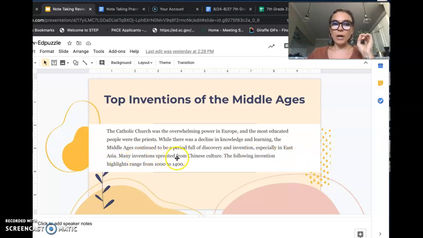Many inventions sprouted from the Chinese culture. The following inventions highlights range from 1000 to 1400 AD. Okay, so I want you to think, what are some important facts within there? I want you to just choose one, and I want you to shorten it into a note and go ahead and put that as your answer.